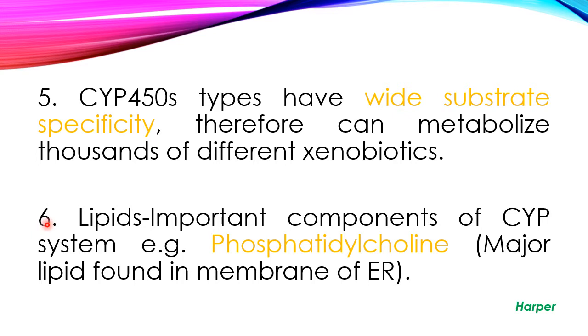The sixth point regarding the cytochrome P450 system is that a specific type of lipid called phosphatidylcholine is associated with it. This is the major lipid found in the membrane of the endoplasmic reticulum, where it regulates the functions of cytochrome P450.